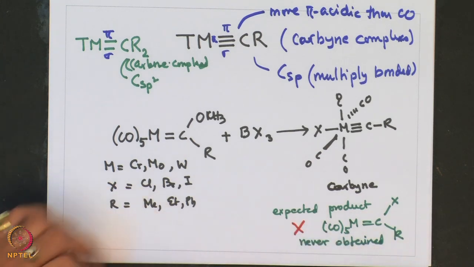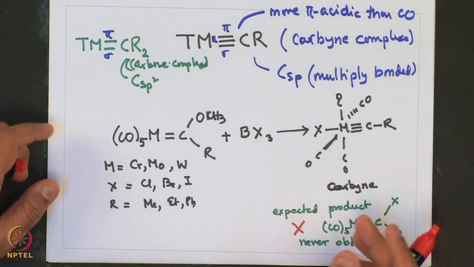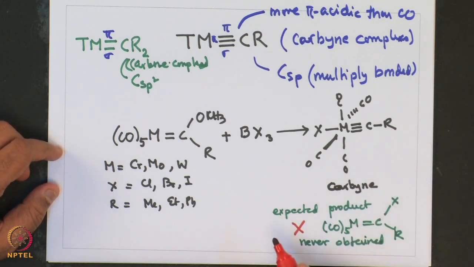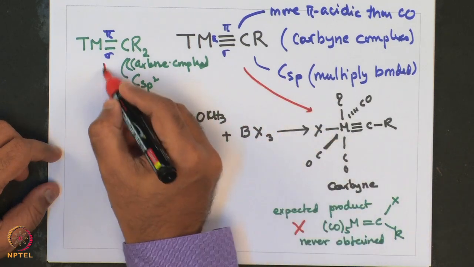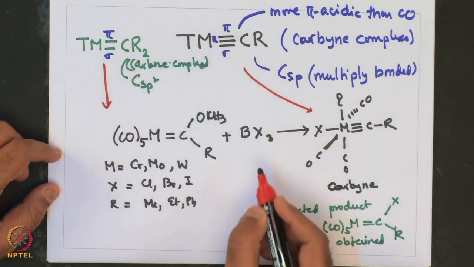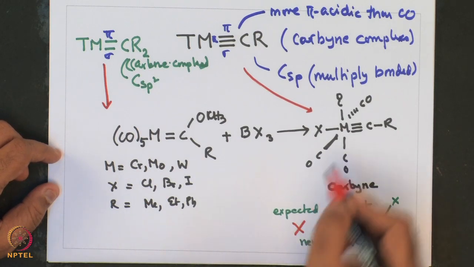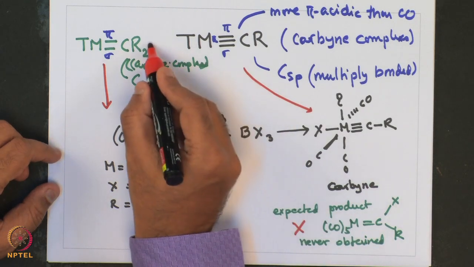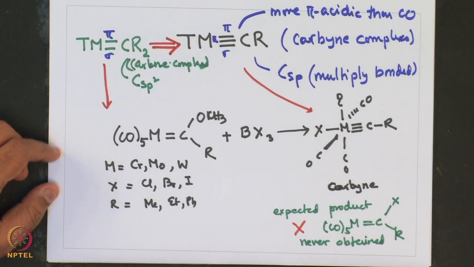Now, if we analyze this development of the synthesis of carbyne complexes, what comes to the fore is that this carbyne complex was indeed obtained from a carbene complex. So, the first method, a serendipitous discovery for making the carbyne complex, was initiated from the carbene complex, which got transformed to the carbyne complex.